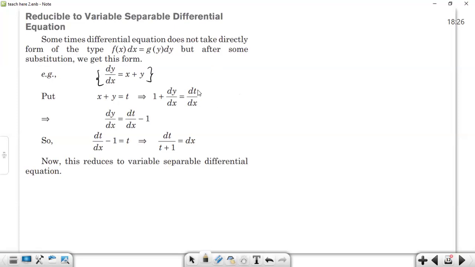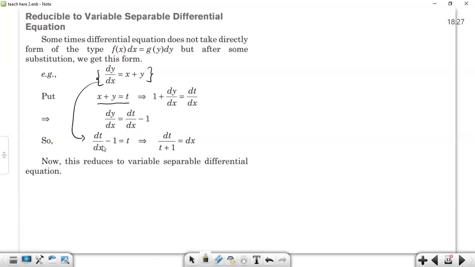But what we can do here is put x plus y equals t, and after differentiating on both sides with respect to x, it becomes 1 plus dy by dx equals dt by dx. So the dy by dx value becomes dt by dx minus 1.